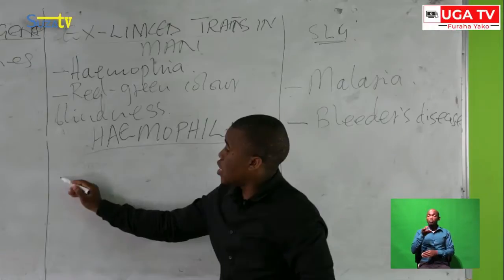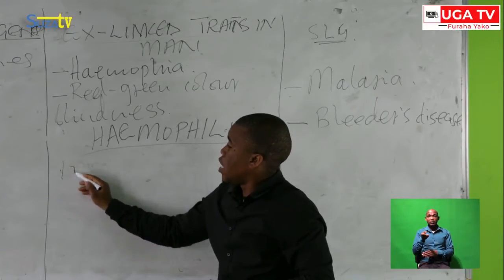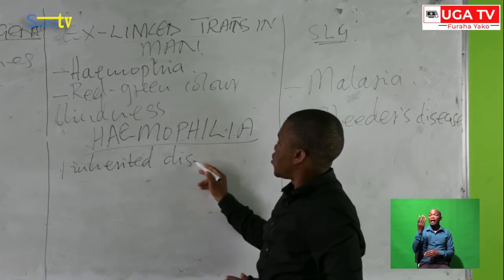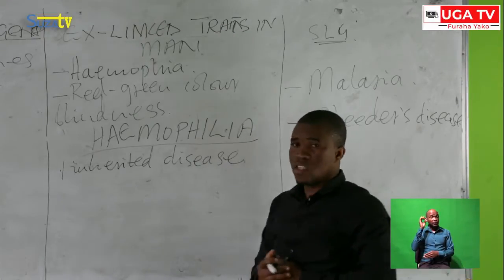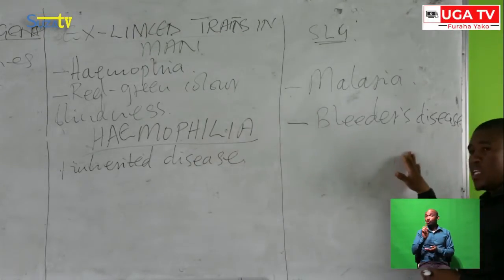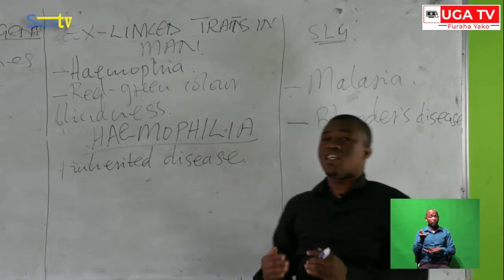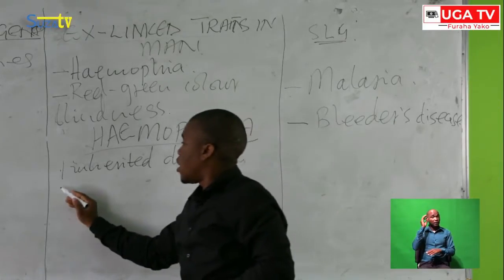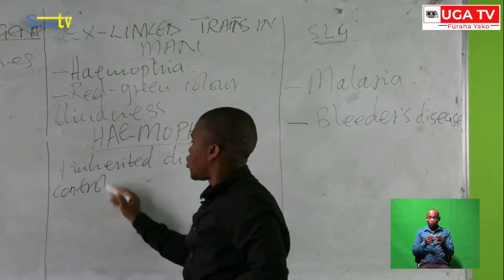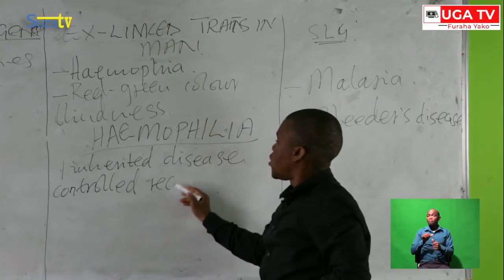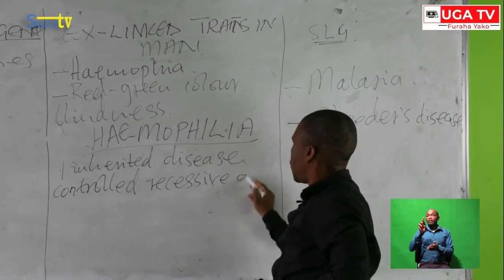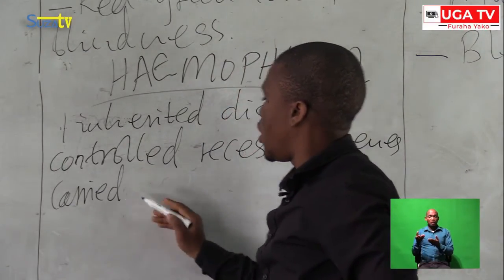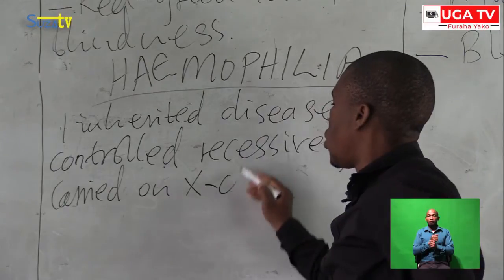So, this is the main concept in this aspect concerning hemophilia. Hemophilia is an inherited disease. So not only is it a bleeder's disease, but it is an inherited bleeder's disease, and controlled by what? Controlled by recessive genes carried on the X chromosome.